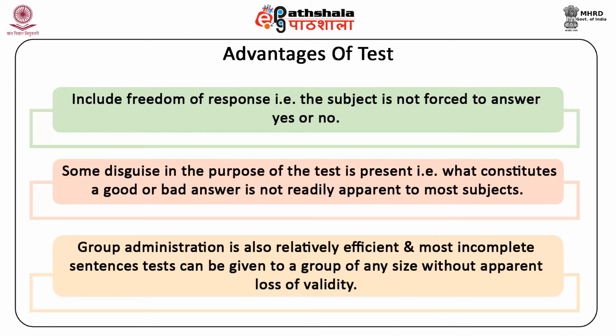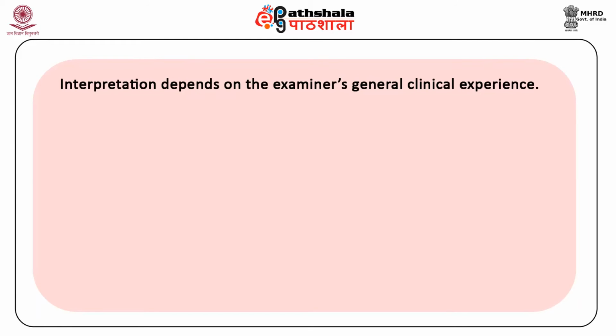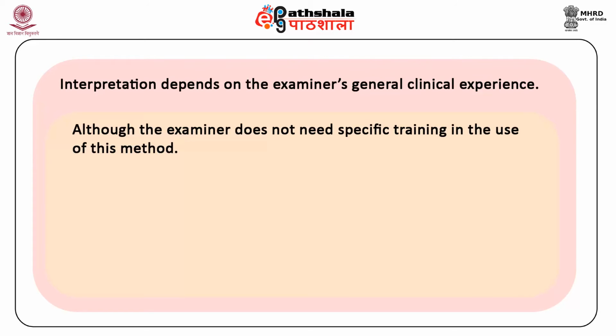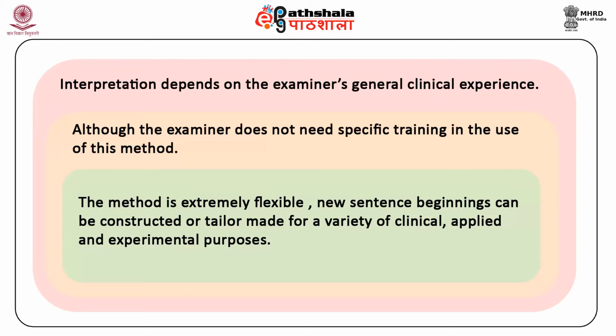Group administration is also relatively efficient, and most incomplete sentences tests can be given to a group of any size without apparent loss of validity. The interpretation depends on the examiner's general clinical experience, although the examiner does not need specific training in the use of this method. The method is extremely flexible in that new sentence beginnings can be constructed or tailor-made for a variety of clinical, applied, and experimental purposes.